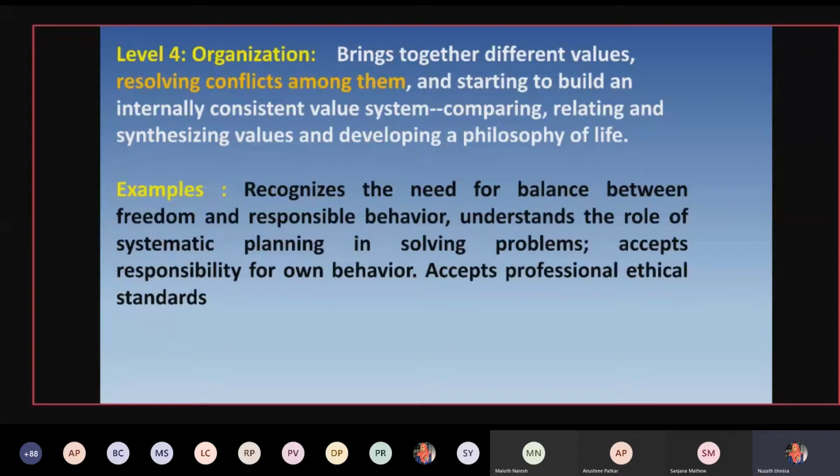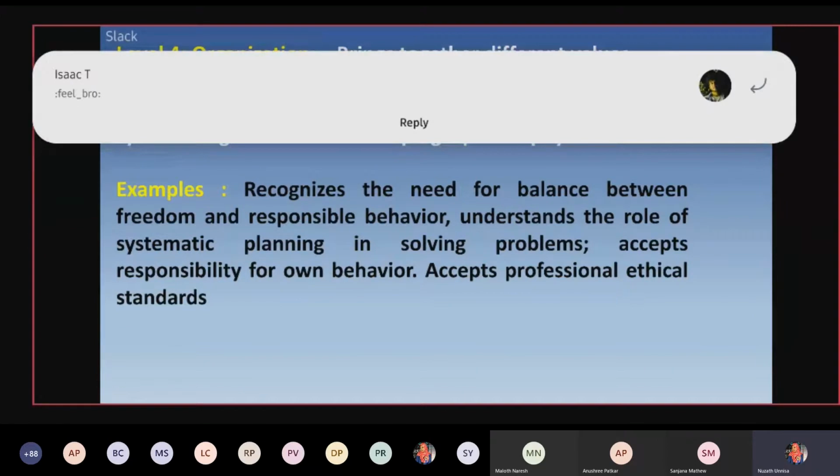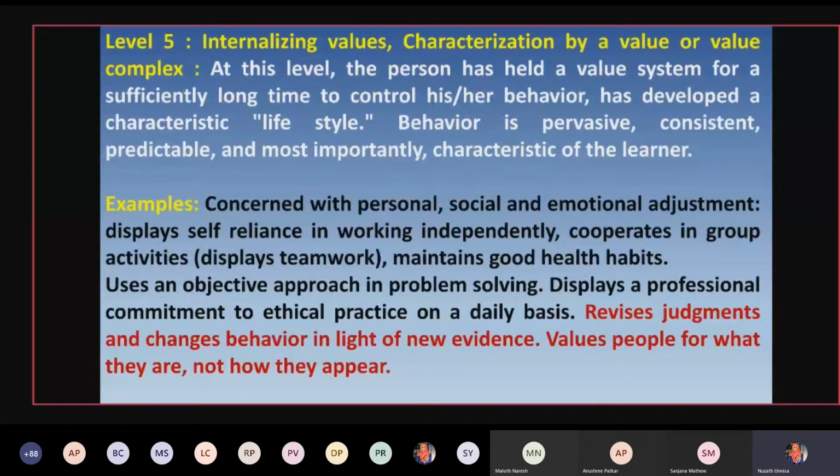Organization is a very advanced level, we can say, and is highly desirable for the teacher that the learners be at this level. So that is what the organization talks about of the affective domain.